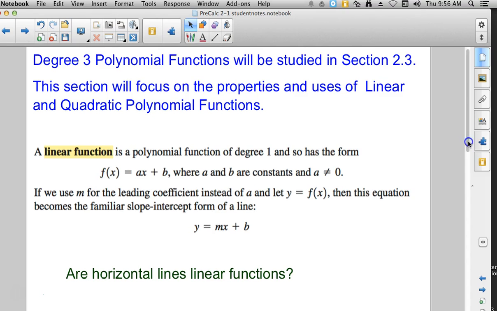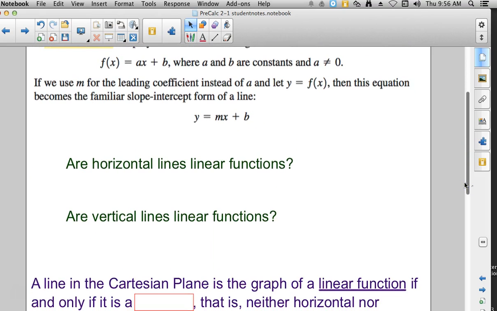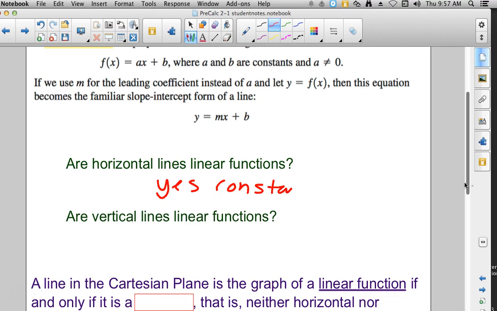So, question here: are horizontal lines linear functions? I've answered that about 3 times so far today. Yes or no? Yes, they are called constants. Think about this one for a second.